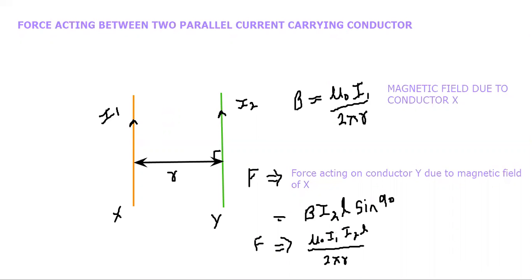This is the expression. Now the second topic, which is in combination with this only, that is the definition of 1 ampere. So you have to define 1 ampere in context with this topic only. Now the formula that you have just derived is mu naught I1 I2 L divided by 2 pi r.